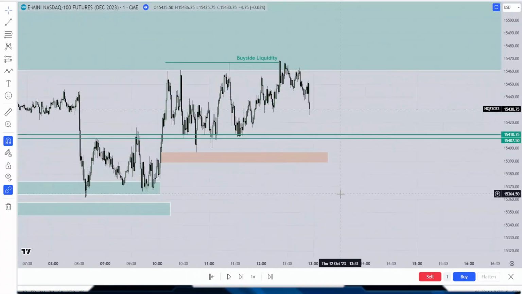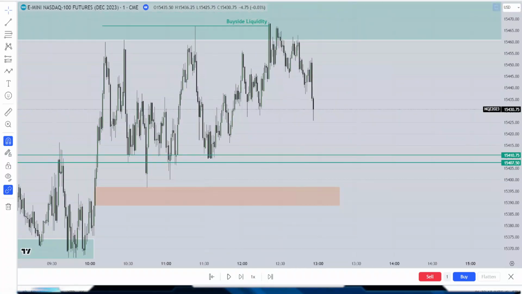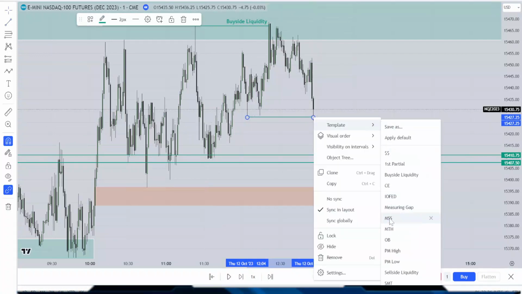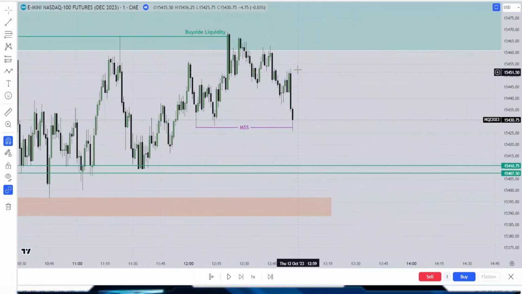Okay, so just before the PM session, price gave you this nice market structure shift after clearing the buy side liquidity. This is your market structure shift. When you have got this market structure shift, some of you can ask me, brother, there is your market structure shift, there is your fair value gap, and when price came over there, why didn't it take my entry over there?